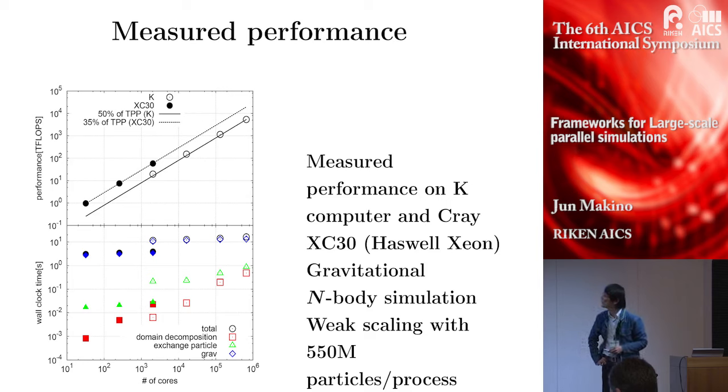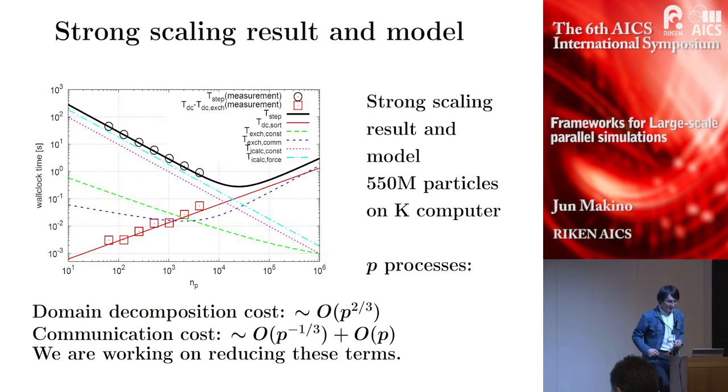And this one is a weak scaling result. Well, I'm not quite sure whether this number is right or not. But this one is a weak scaling result, and you can see that the wall-clock time per one time step is almost constant. And this one is the strong scaling result for half a billion particles on K computer.